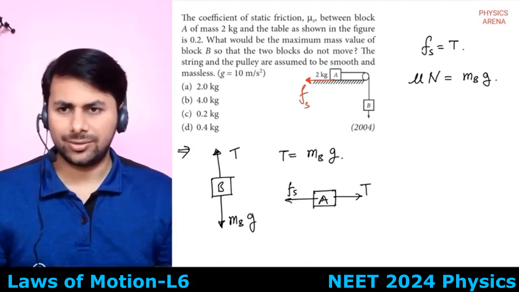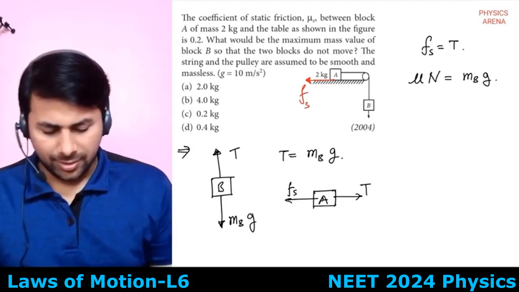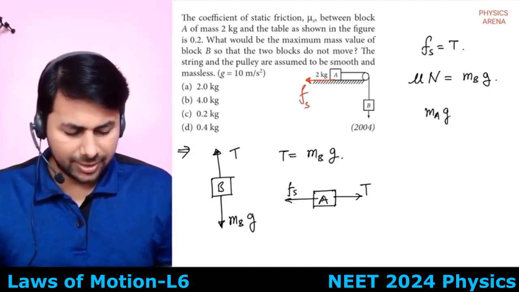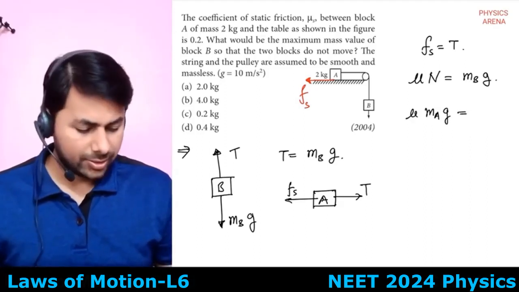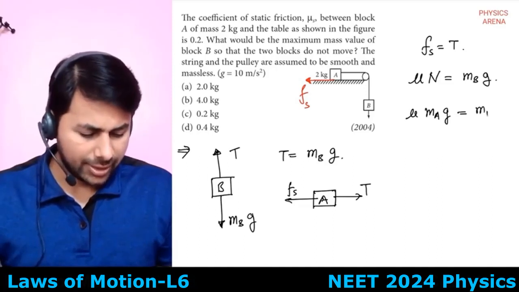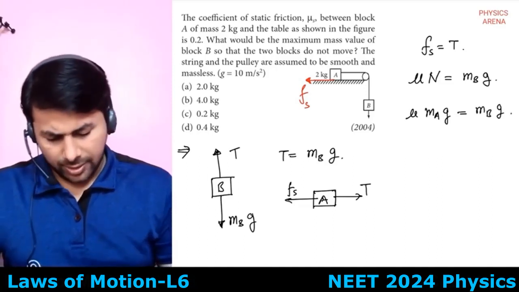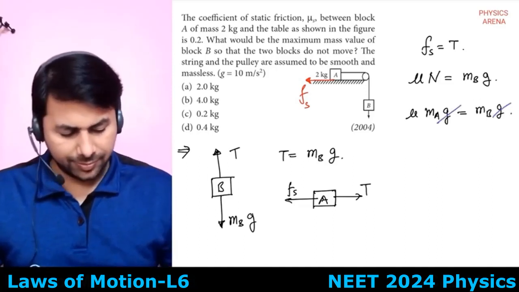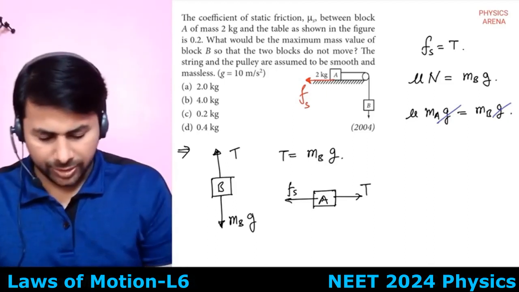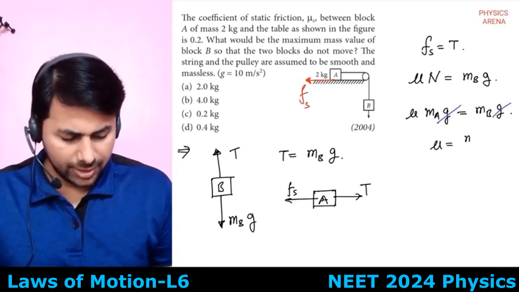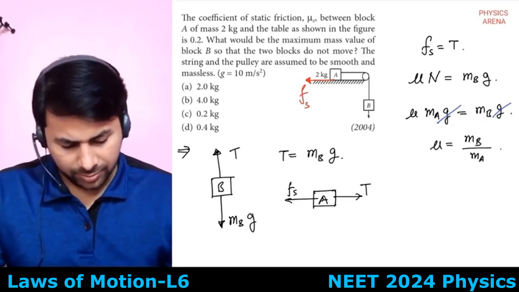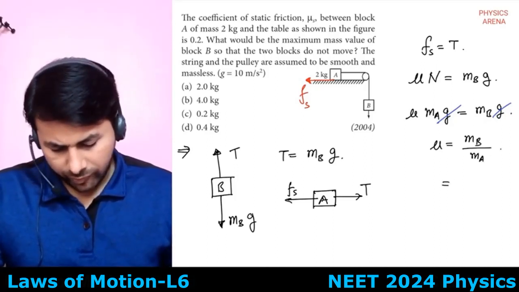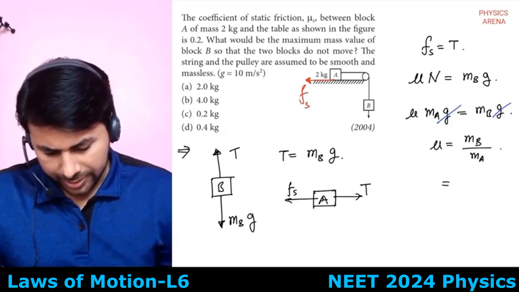It's equal to the weight, mass of A multiplied by G. So you get mu into ma g is equal to mb times G. G gets cancelled. Therefore, mu is equal to mb upon ma.